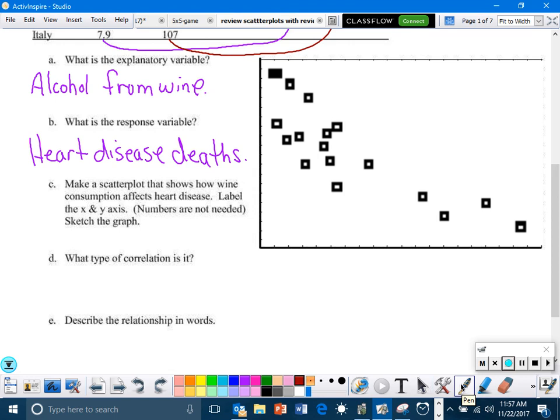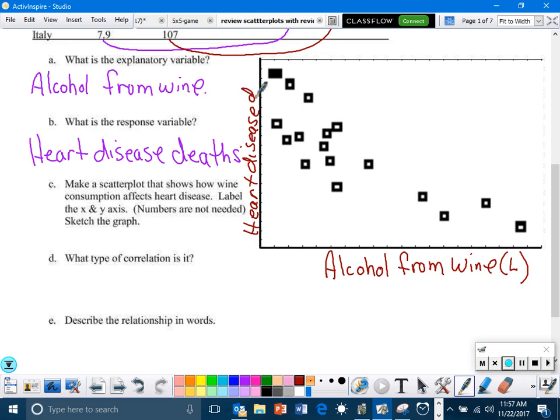The bottom of my graph is alcohol from wine, and again, that is measured in liters. On the side, we have heart disease deaths, and again, that's measured out of 100,000 people.